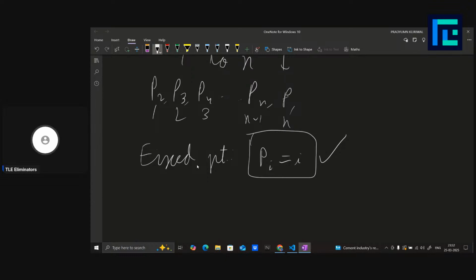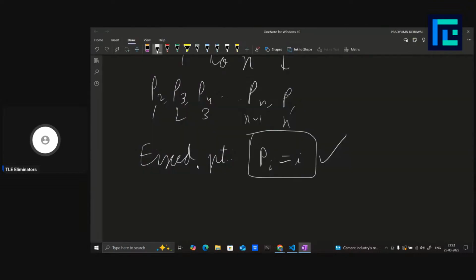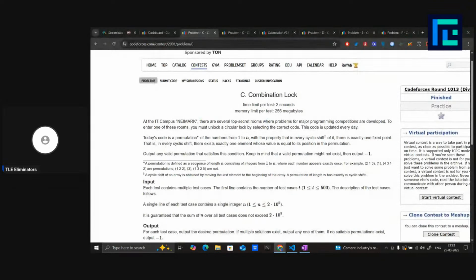So in each cyclic shift, you want exactly one fixed point. All right, so let's look at samples. And if no permutation exists, then you print -1.